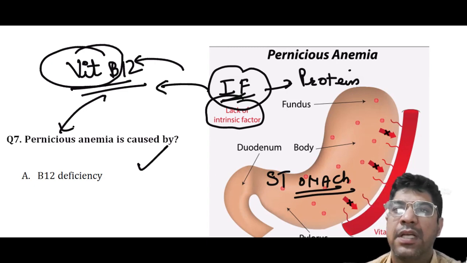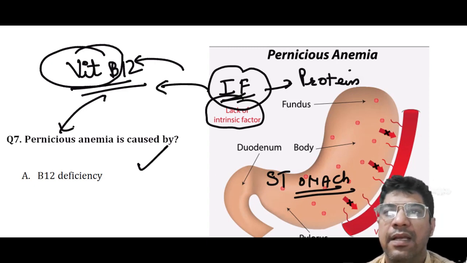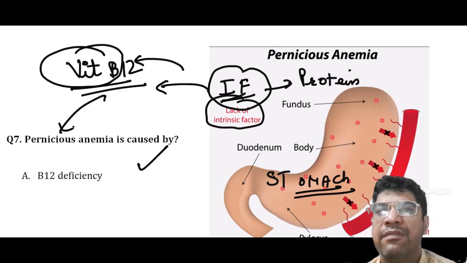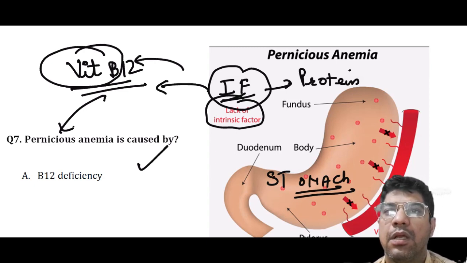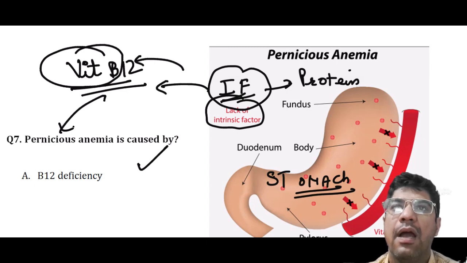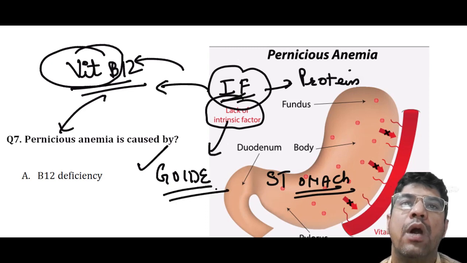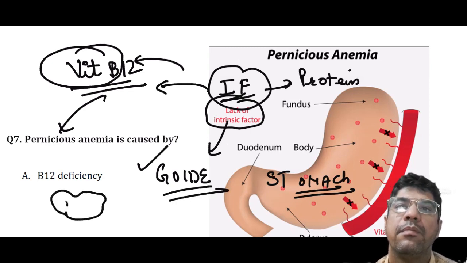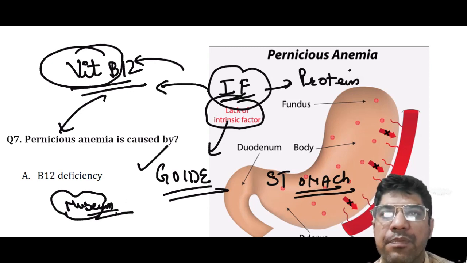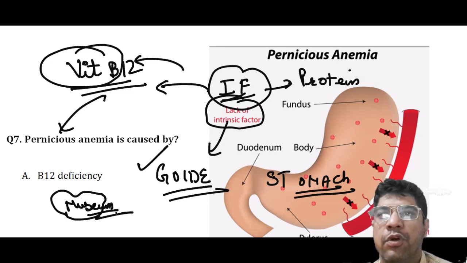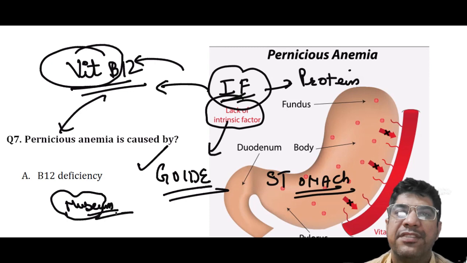It acts as a tour guide, escorting vitamin B12 through the lining of your small intestine and into your bloodstream. Think of intrinsic factor as a guide that leads you through a museum. Now if there is a problem with the intrinsic factor, the B12 cannot get through the lining of your intestine. The tour guide is missing and not doing its job.